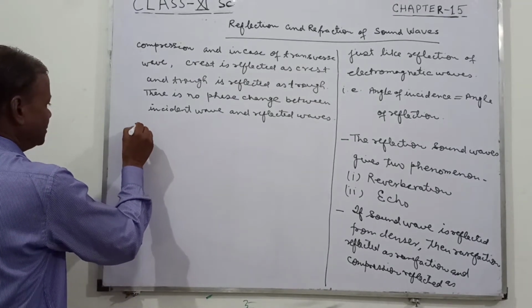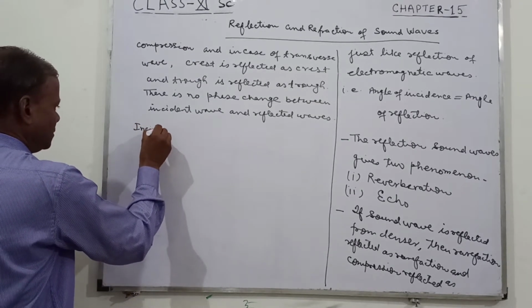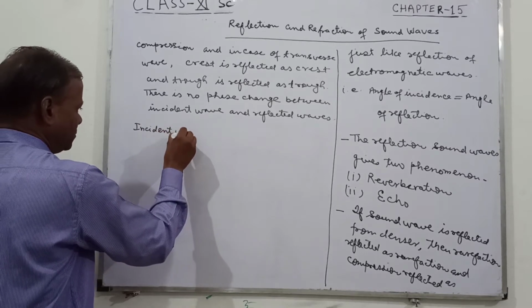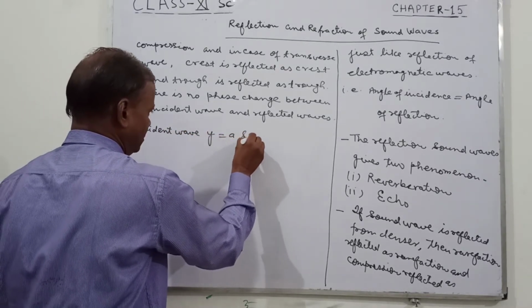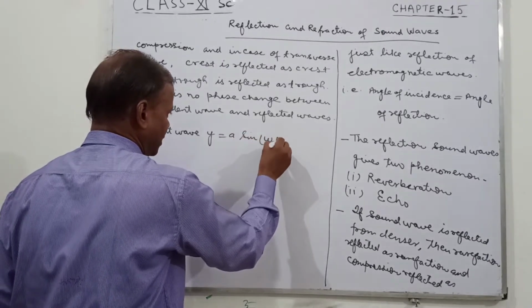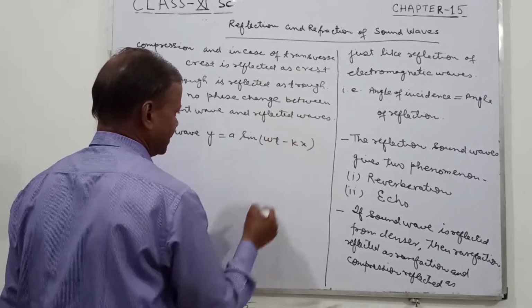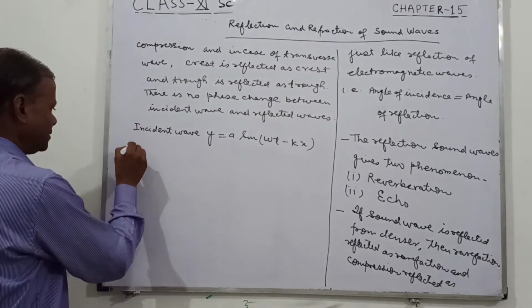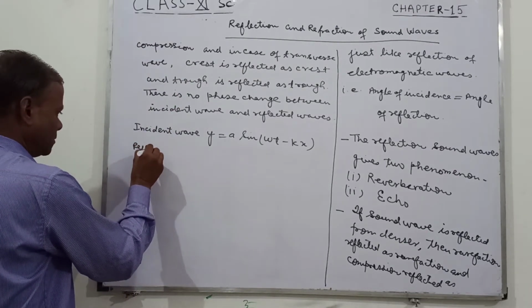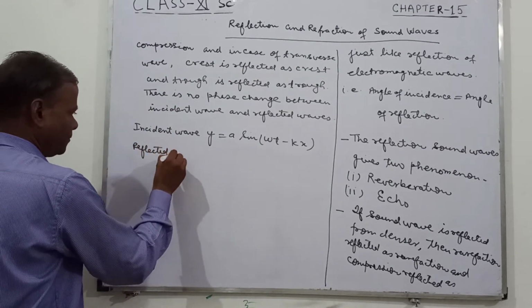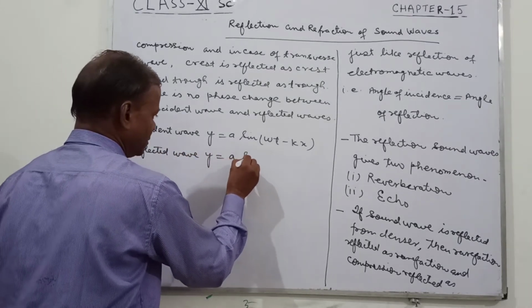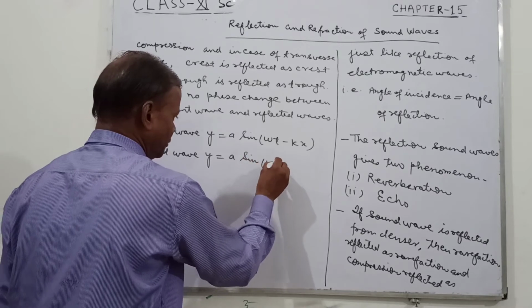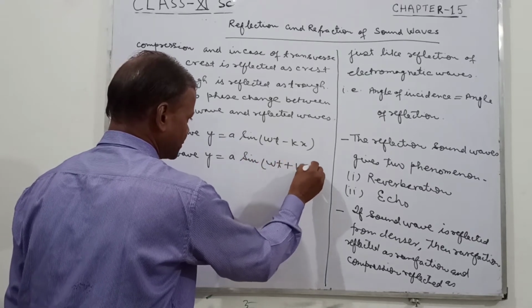So incident wave y equal to a sin omega t minus kx, and the reflected wave y equal to a sin omega t plus kx.